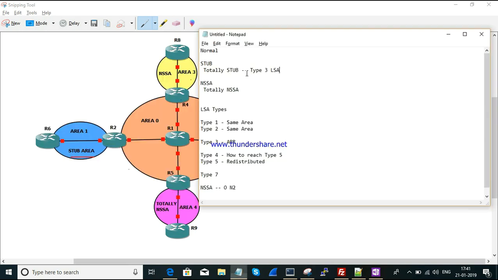So the ABR is also blocked here. Since type 3 is blocked, the ABR information is also blocked in totally stub. So overall, type 3, type 4 and type 5 LSAs are blocked in a totally stub area.